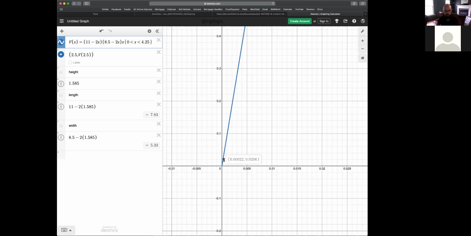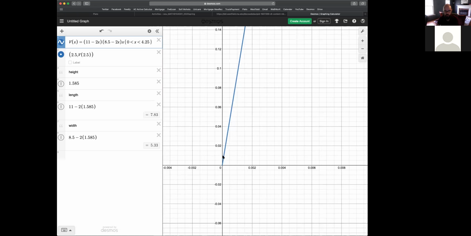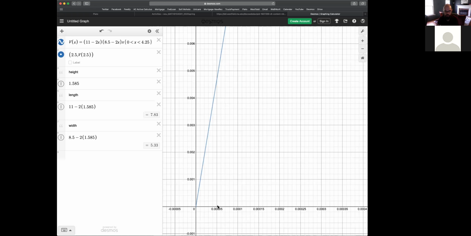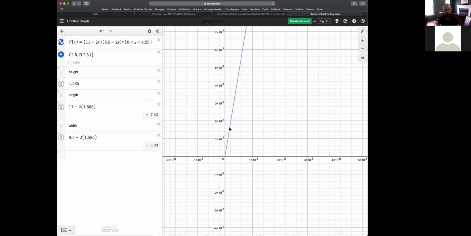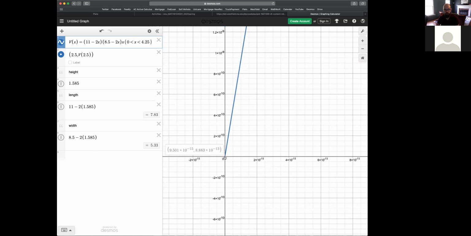You can see that we can just keep making our cut smaller and smaller, right? The closer and closer I get, I'm getting really, really small volumes, but it's never going to get to 0. We can zoom way in, and we're still getting smaller and smaller volumes, but we're never going to get to 0. We'll never hit a minimum here.